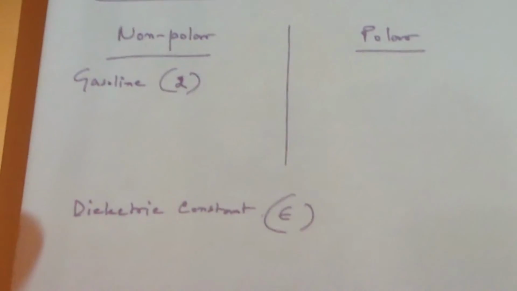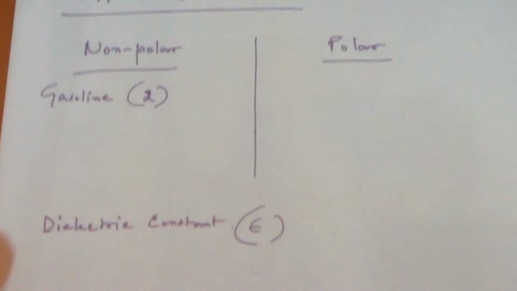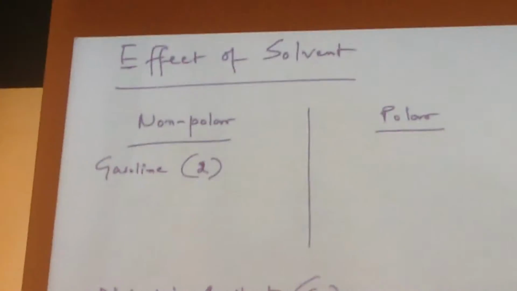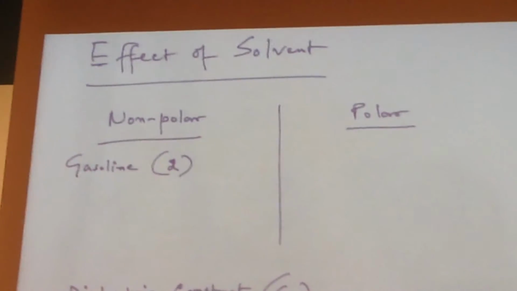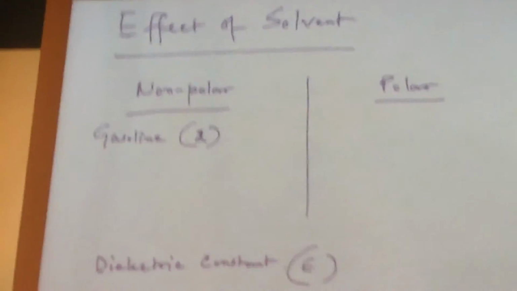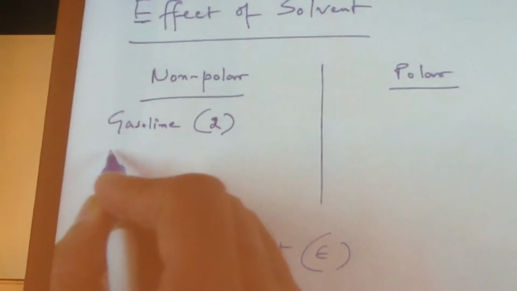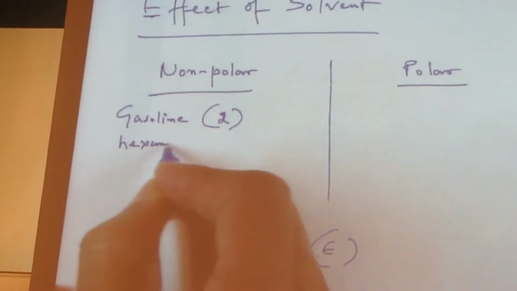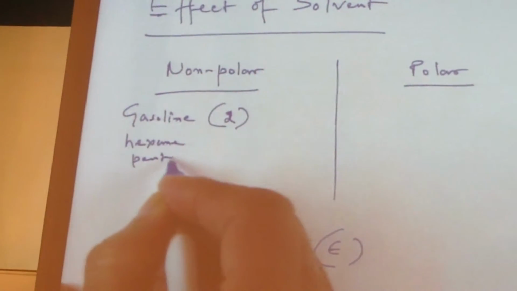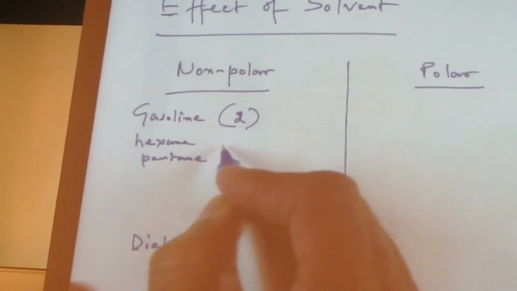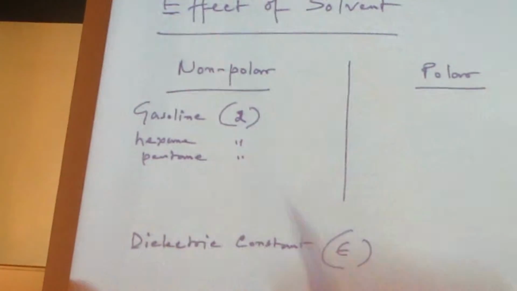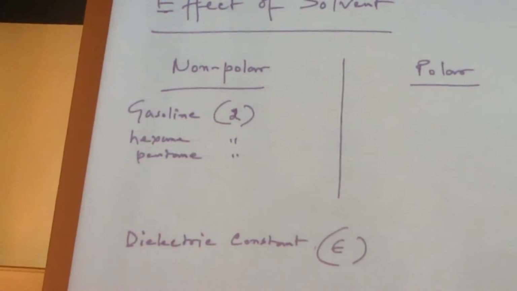In vacuum it's 1, and this is very close to that, extremely non-polar. Likewise, if you take hydrocarbons, hexane, pentane, and so forth, they are very non-polar, all approximately in the range of about 2. These are extremely non-polar solvents.